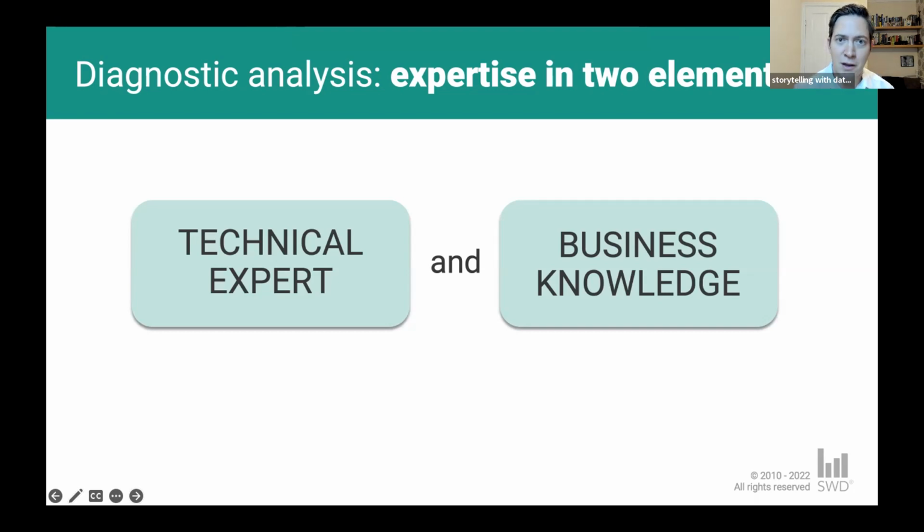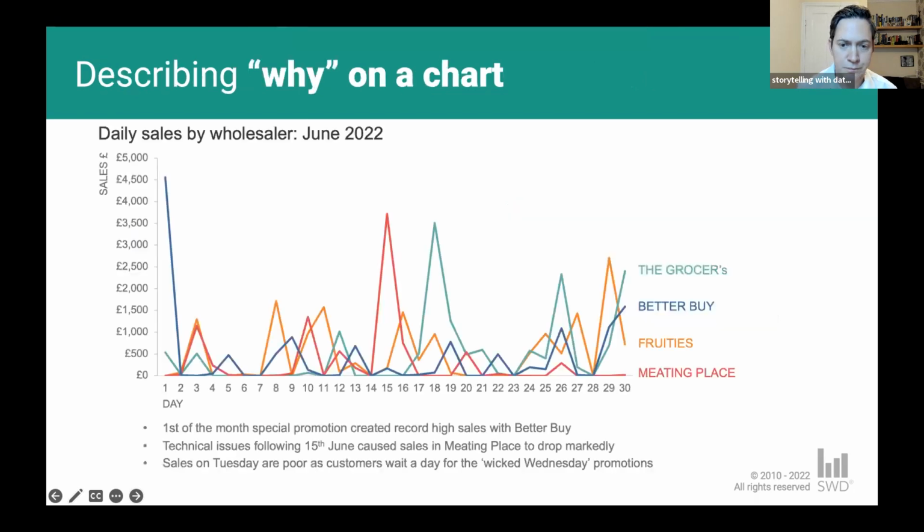But let's say that we know the why. We've got some whys in our mind of why certain elements have happened. How can we bring those to life on a visual? Well, we could start very simply by just adding some takeaways at the bottom here. And if I take the first one that says, first of the month, special promotion created record high sales with Better Buy, I find the evidence in the chart above.